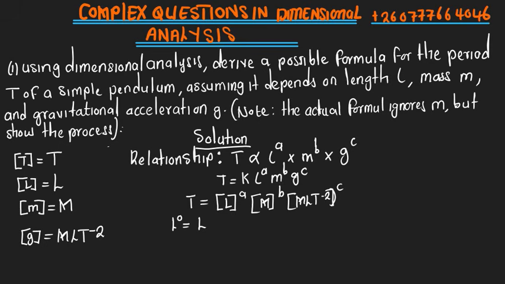So this is L to the power A. Which other L do we have? We have L here, and that is going to be L to the power C. So we can say L to the power 0 is equal to L to the power A plus C, and that is going to be our first formula.